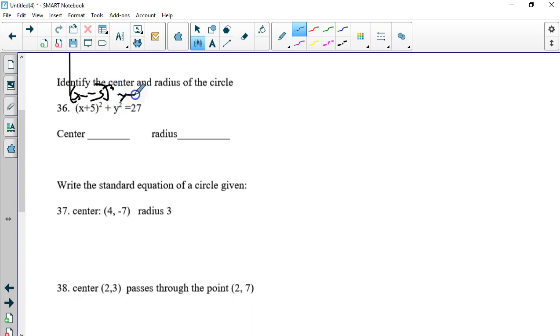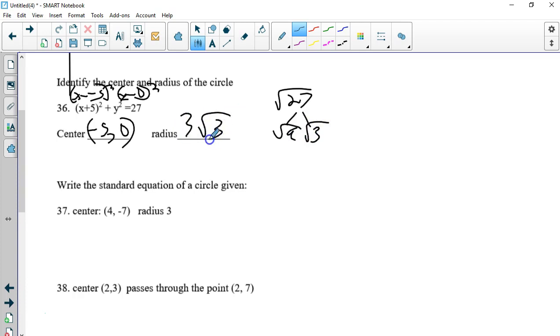And this is really y minus 0 squared. So that means the center is negative 5 comma 0. And the radius is just the square root of 27, which breaks down square root of 9, square root of 3, to 3 radical 3.